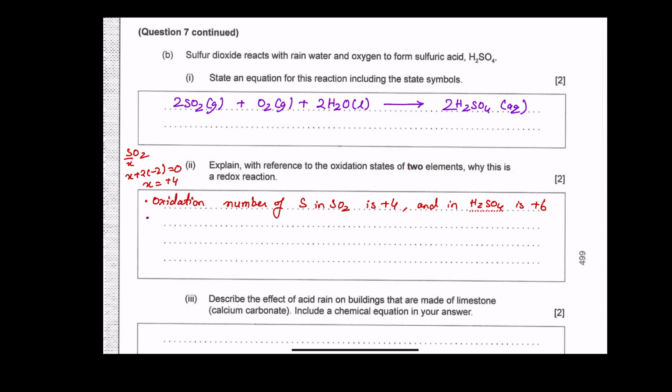And next, we have to check the oxidation number of oxygen. In O2, this will be 0. And in H2SO4, oxidation number of oxygen is minus 2.